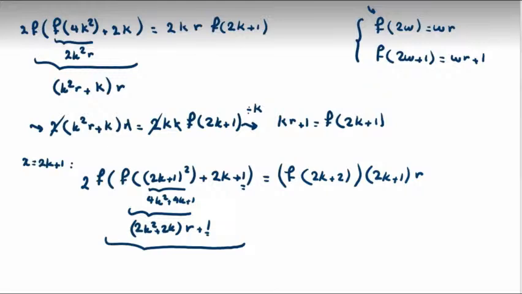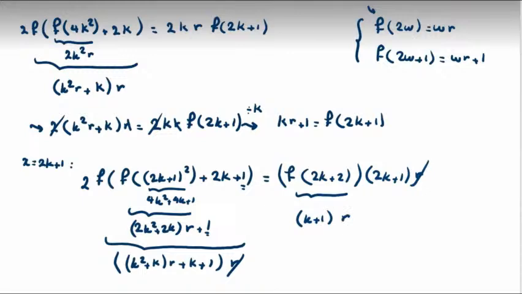You divide by 2 times r, and it will be k squared plus k times r here plus k plus 1 times r again. And then we cancel this r with this r. And f of 2k plus 2, we said, is an even number, so it will be k plus 1 times r.